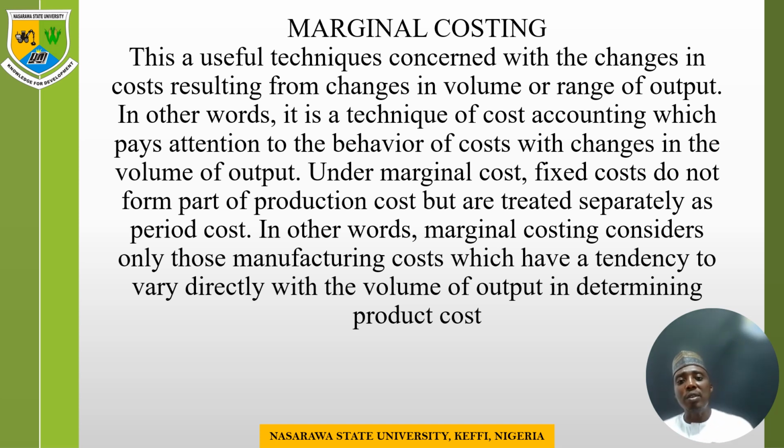The combination of these, if you remember, in our last lecture, results in what we call contributions. For us to determine the contributions, it is the combination of direct material, direct labor, direct expenses, and variable overhead. Contribution here is similar to financial accounting, where we are preparing the final account of, for example, the sole trader.